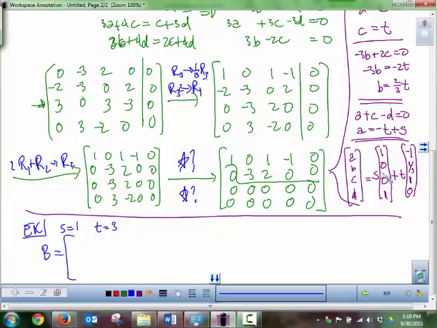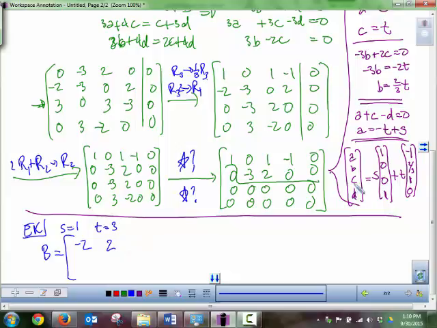A will be 1 times 1, since S is 1, and T is equal to 3. So this would be 1, minus 3, negative 2. S is 1, so that's 0. T is 3 times 2/3, that's 2. So that's what B is equal to.